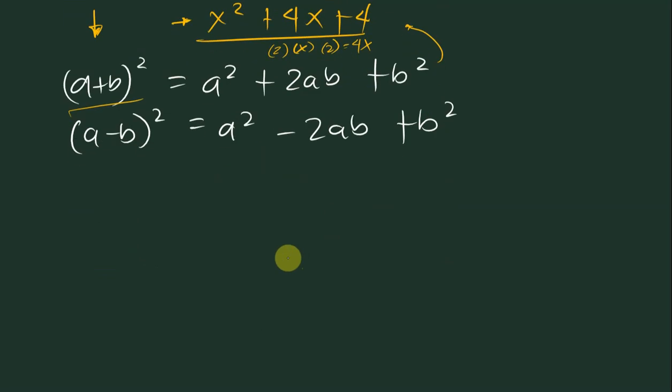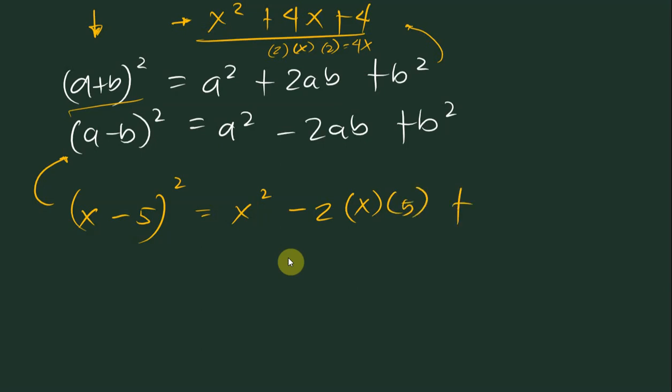Okay, let's use these patterns for other examples. Let's say we were given x minus 5 squared. Okay, so following this pattern, we can write directly x squared minus 2 times x, and then this is 5, right? 5, and then plus 5 squared.